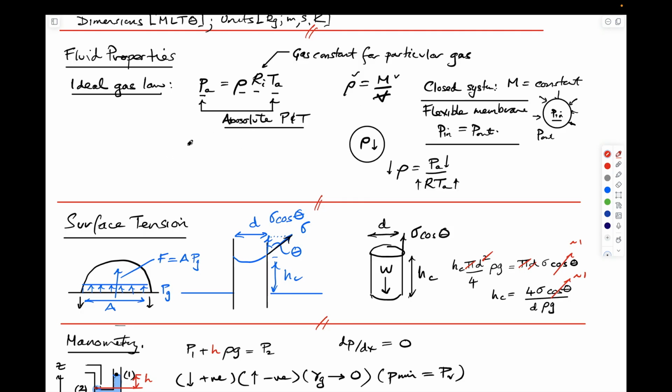I guess we talked also about isothermal compression, in which case temperatures are the same, so that the absolute pressure divided by the density is always constant if it's isothermal, and if it's isentropic, the same occurs, except there's a power k, which is typically of the order of 1.4.